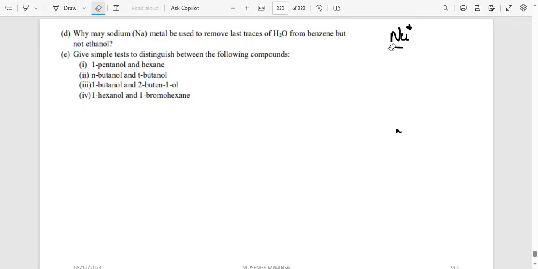Give a simple test to distinguish between the following compounds. If you are giving a simple test to distinguish compounds, you are just using properties that you know about the compound you've been given. One propanol, what is the structure? Five carbons, one, two, three, four, five, and then it's propanol, so we have got OH. And then hexene, which is 6 carbons: one hexene, one, two, three, four, five, six. What's the difference between these two?